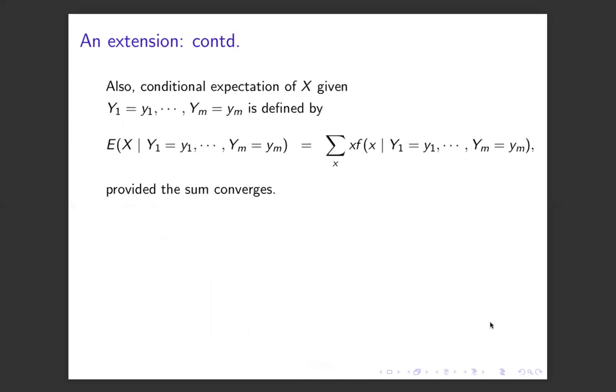Also, similarly, the conditional expectation of X given Y1 equal to little y1, etc., Ym equal to little ym is given by, as before, the same kind of summation over little x of the conditional probability mass function, provided the sum converges.